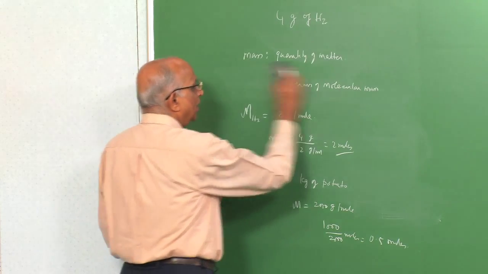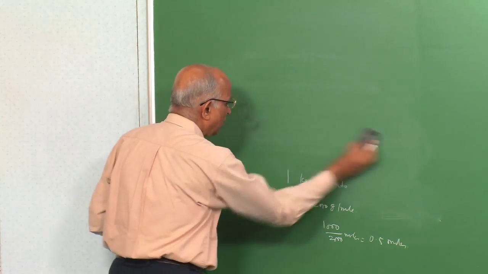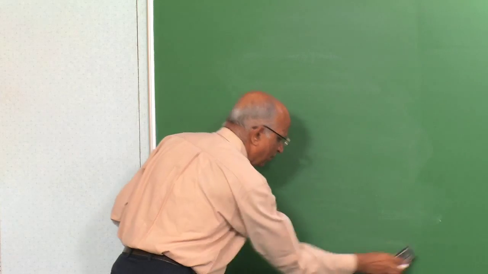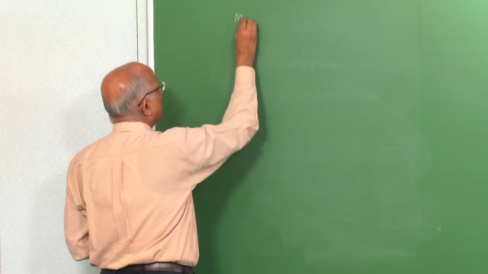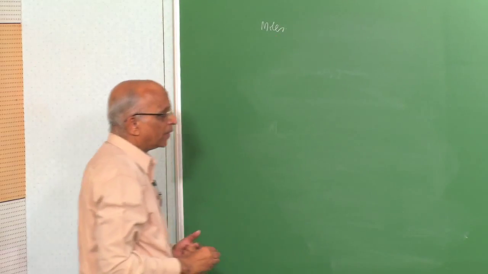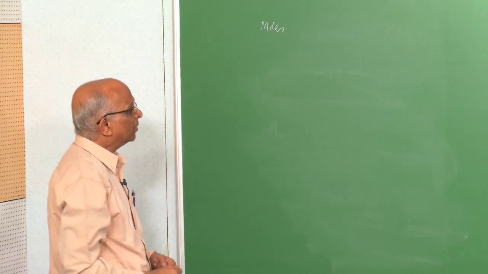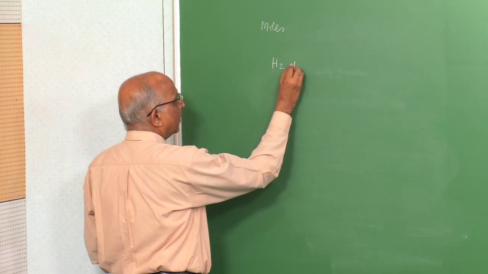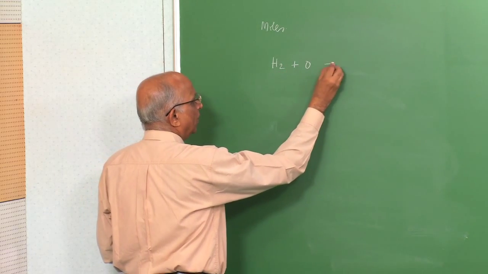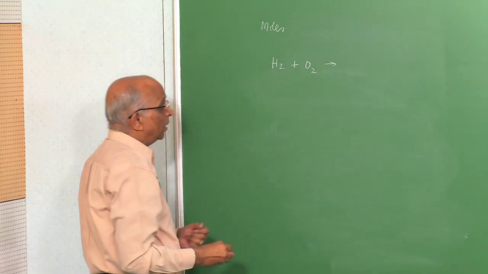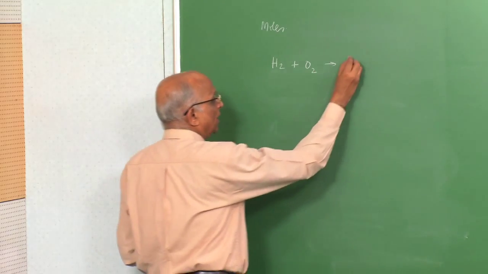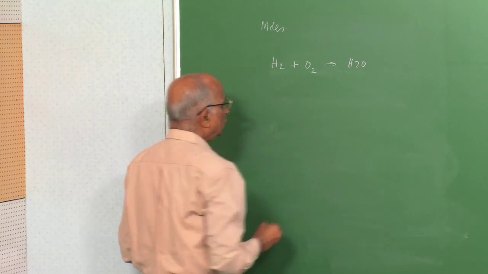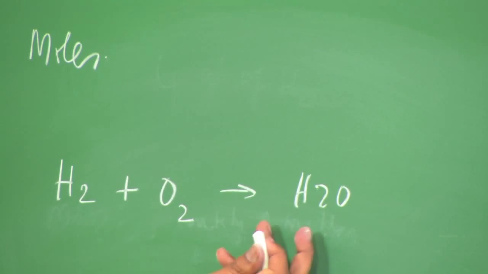We will also see it in terms of volume and in terms of mass, but what we do is, let us say, moles. By now the definition of moles must be clear. Let us say I have a reaction, just to make sure we understand it, in which hydrogen reacts with oxygen to form water. This equation is not balanced, I just wrote hydrogen reacts with oxygen to form water.